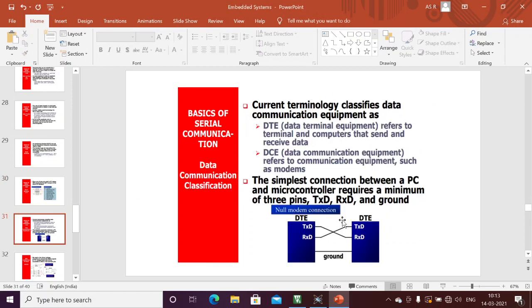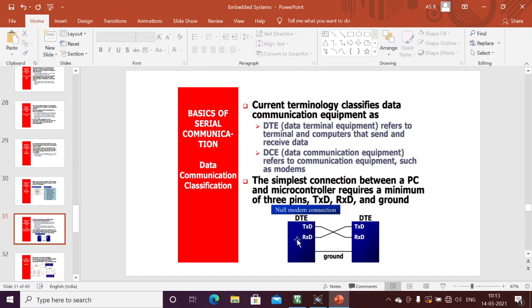Here we talk about the DTE, data terminal equipment: either a microcontroller or a PC we call data terminal equipment. Data communication equipment we call modems, which convert from one format to another. If you see, a DTE to another DTE is always a cross connection.